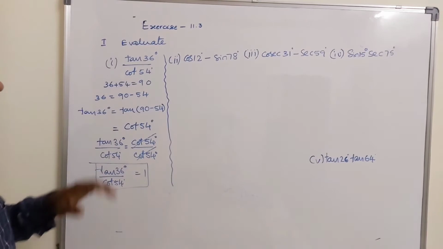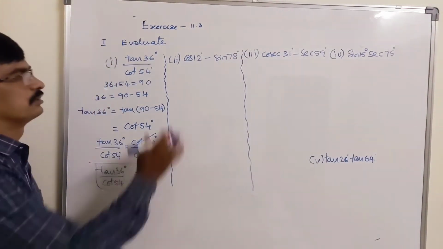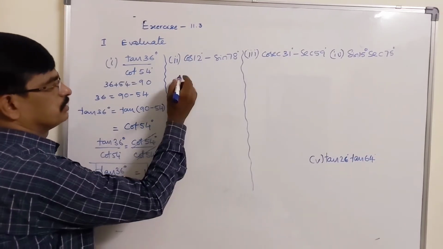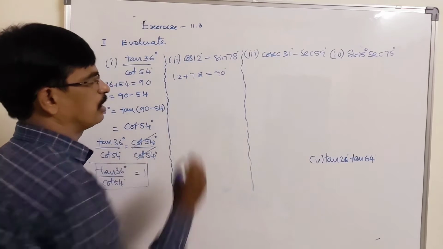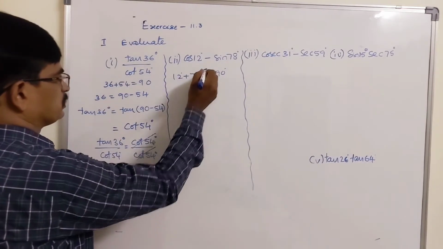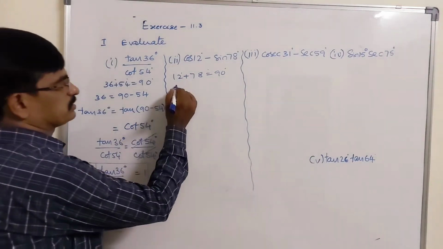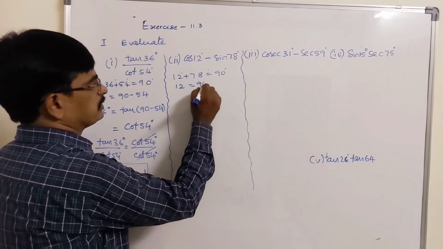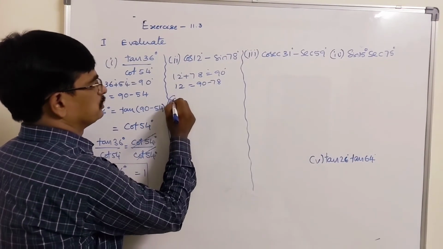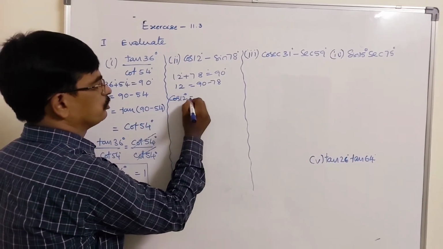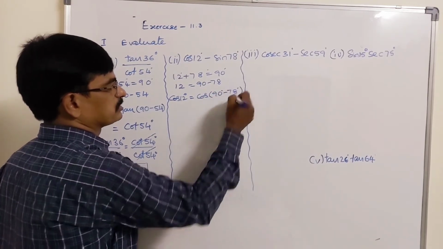Okay. Next. Cos 12 minus sin 78. If you take 12 plus 78, it is equal to 90 degrees. They are complementary angles. Make 12 the subject, 90 minus 78 we get. Finally, applying cos on both sides, cos 12 degrees is equal to cos of 90 minus 78 degrees.